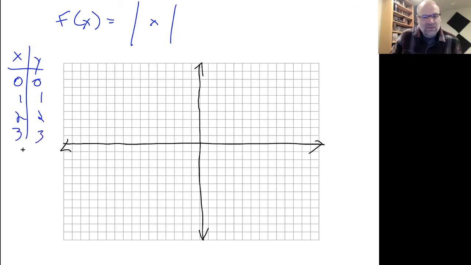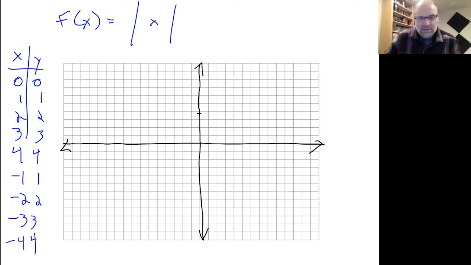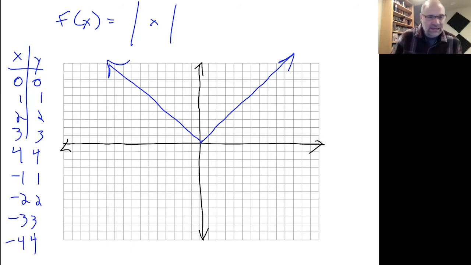All the positives go to themselves, right? But all the negatives go to the positive versions, right? So what does this look like on the graph? It looks like this. That's pretty easy. Just a 90-degree angle. Looks like a V. That's it.